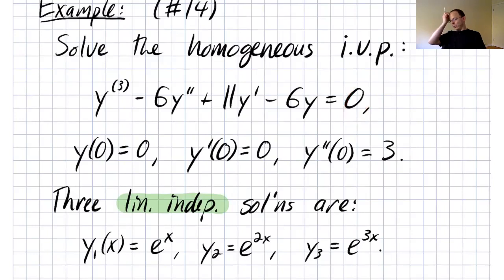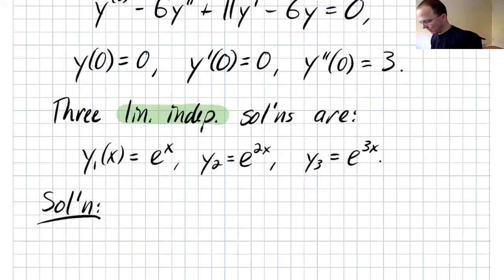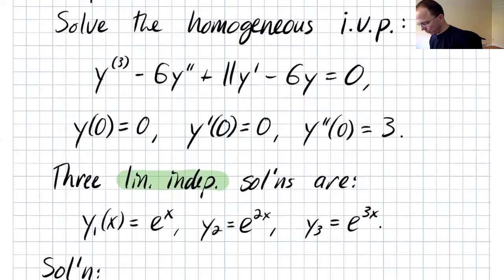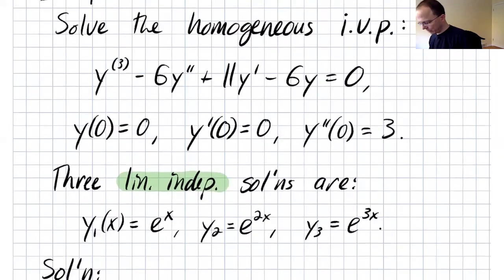And so we know that once we have 3 linearly independent functions, we can form what's called the complementary solution, which is the general solution of this differential equation. Okay, so let's do that, and then we want to find which general solution satisfies these initial conditions.